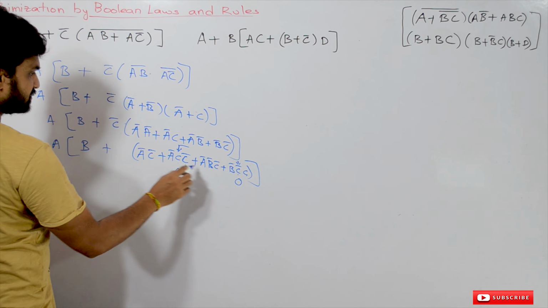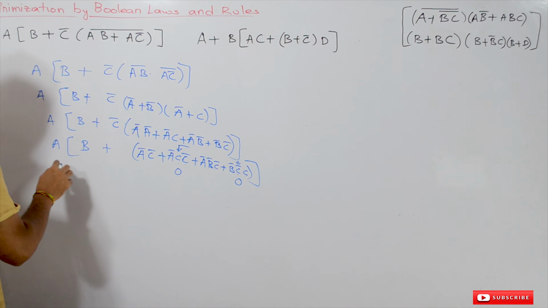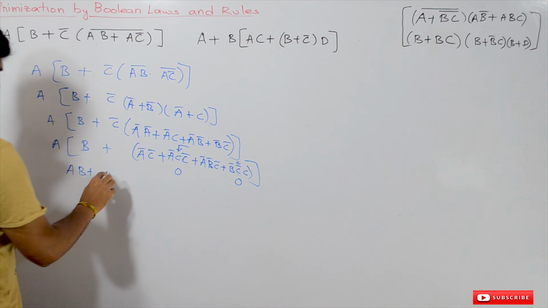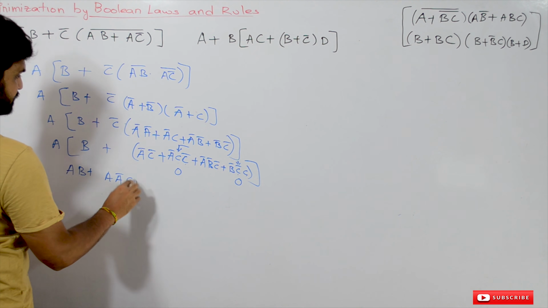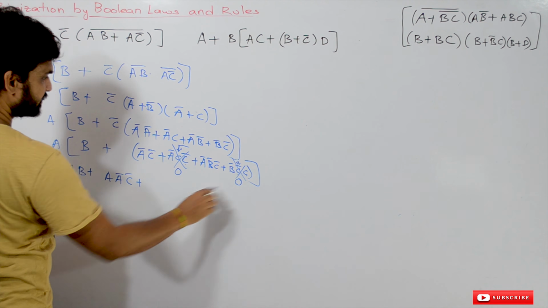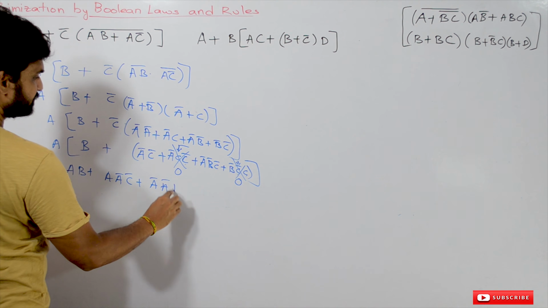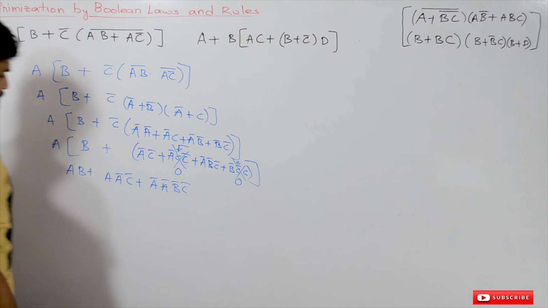So the final, now we are going to multiply this with A. It is AB plus A complement C complement, and this is 0, already taken out, and here it is A complement B complement C complement.